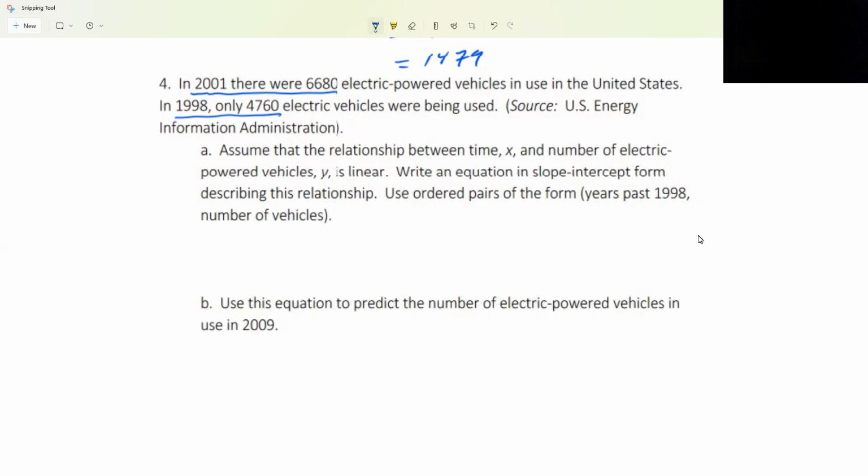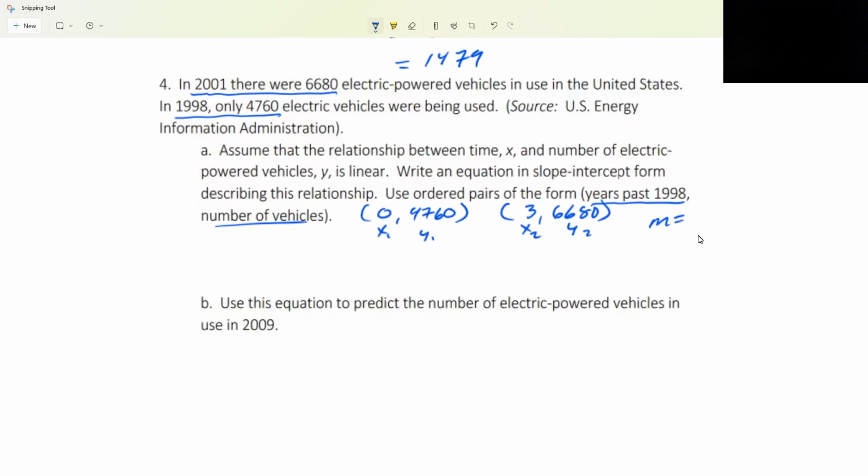Basically, it's a straight line. Write an equation in slope intercept form describing the relationship. And here it is again, this bit. 1998 is going to be our year 0, so we're using 0 and 4760, and 2001 is 3 years later, and 6680. We call this x1, y1, and this is x2, y2.